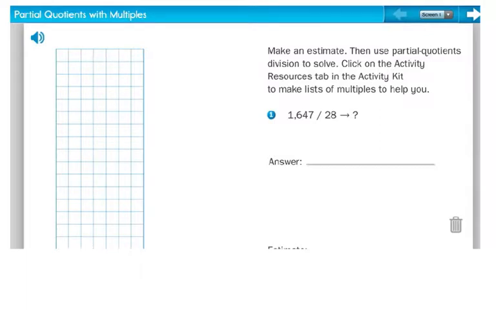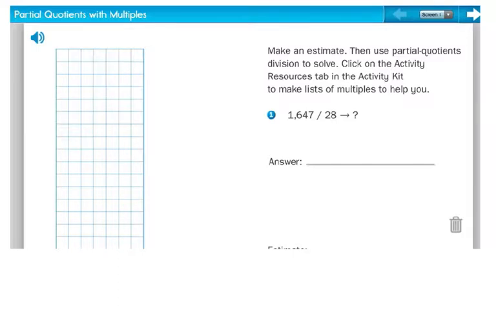So at the top, it says partial quotients with multiples. Now, quotient is the answer when you divide. So make an estimate and then use partial quotients division to solve. Click on the activity resources, that is if you were doing this online, but we're doing this in our math journal.